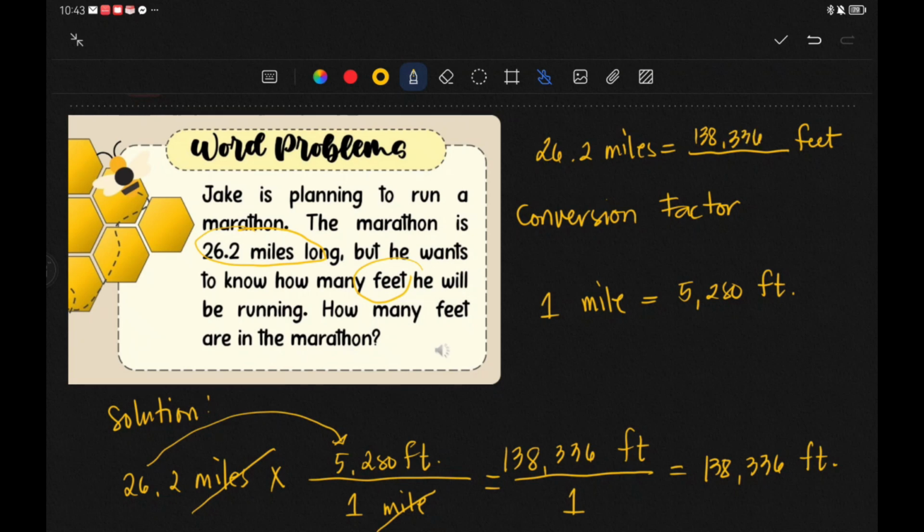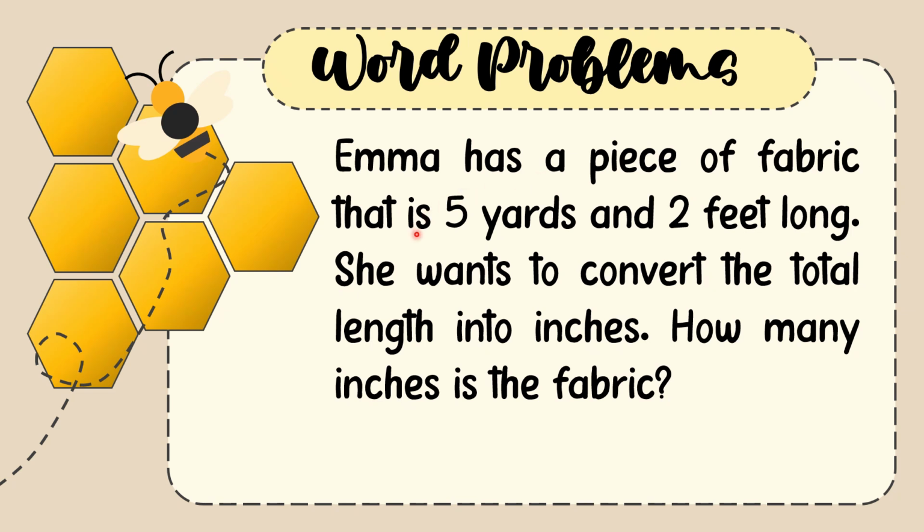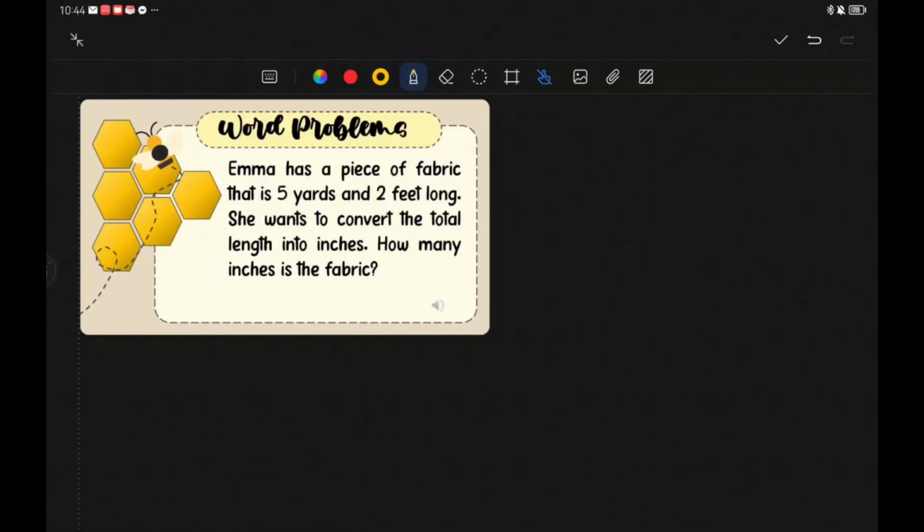Emma has a piece of fabric that is 5 yards and 2 feet long. She wants to convert the total length into inches. How many inches is the fabric? For this problem, we have here 5 yards and 2 feet. We need to convert the total in inches.